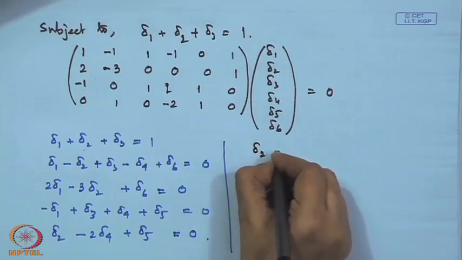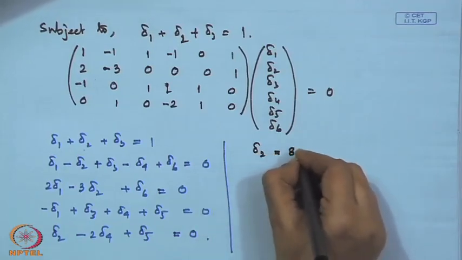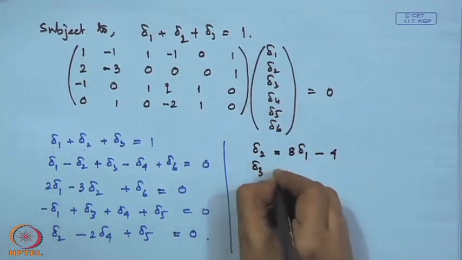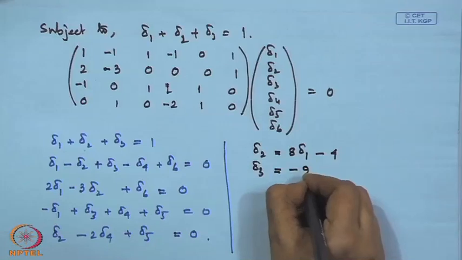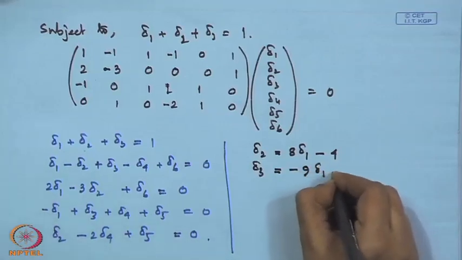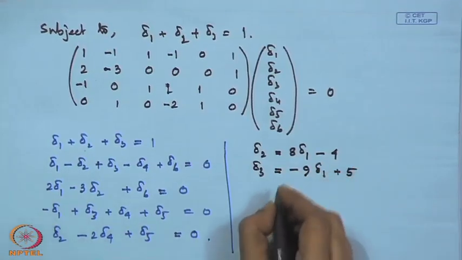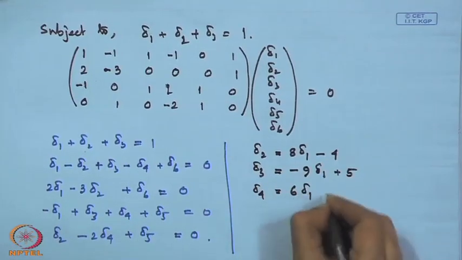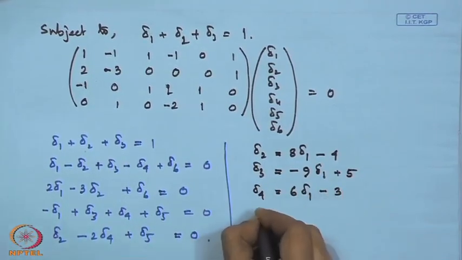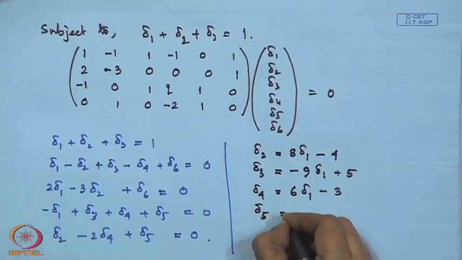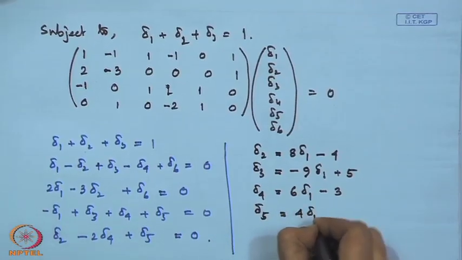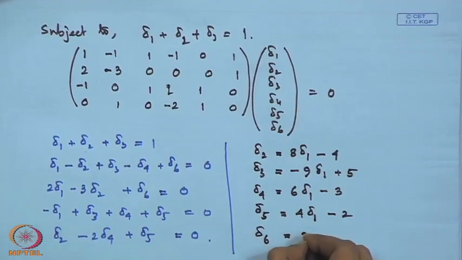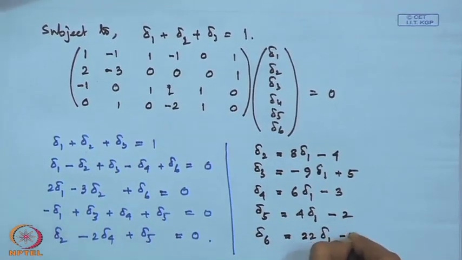Delta 2 is equal to 8 delta 1 minus 4, delta 3 equal to minus 9 delta 1 plus 5, delta 4 equal to 6 delta 1 minus 3, delta 5 equal to 4 delta 1 minus 2, delta 6 equal to 22 delta 1 minus 12.